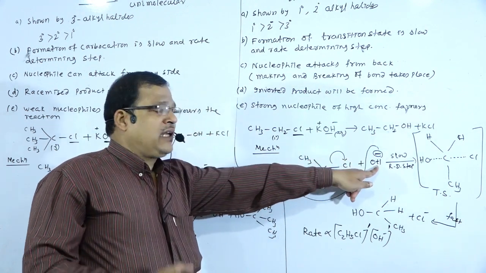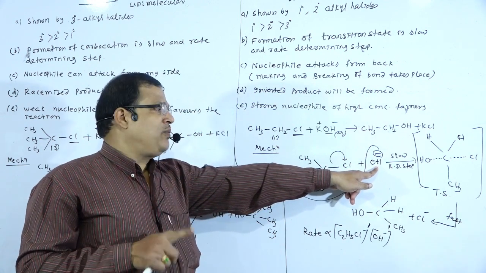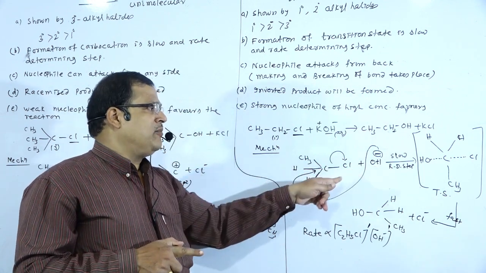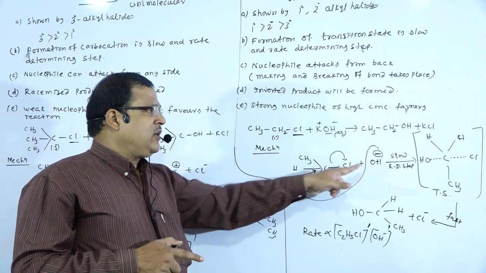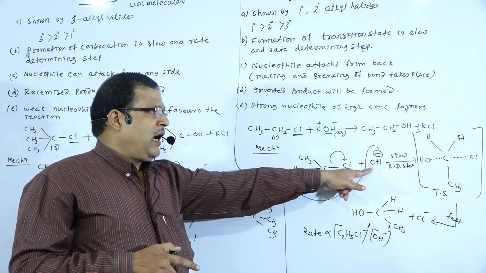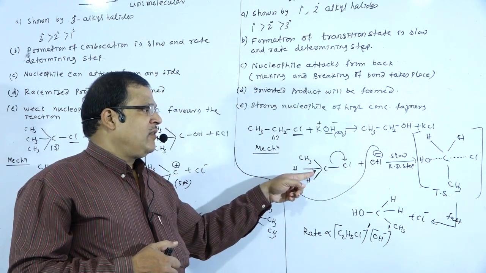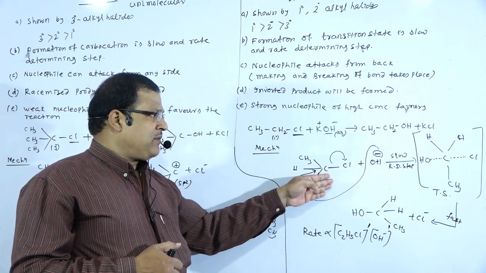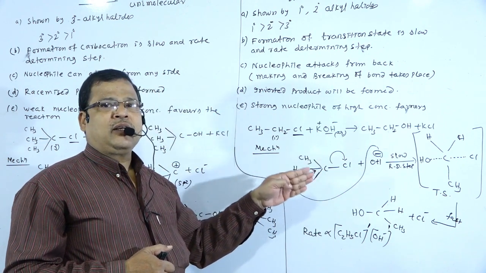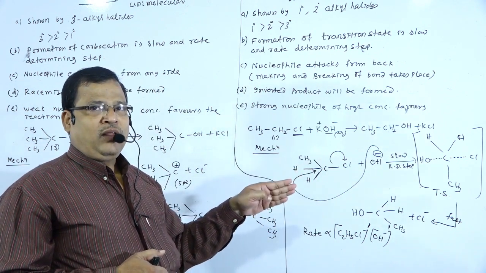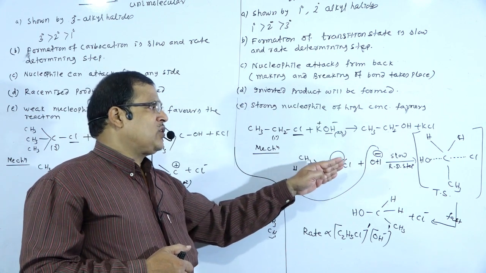There is a direct involvement of that nucleophile. So a high concentration of nucleophile and a stronger nucleophile will attack easily. Therefore, the rate is favored if the concentration of the nucleophile is more and it is a strong nucleophile.